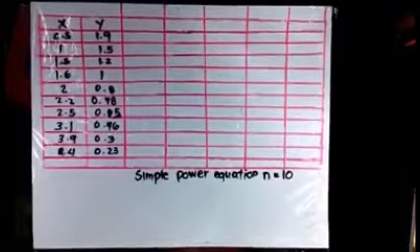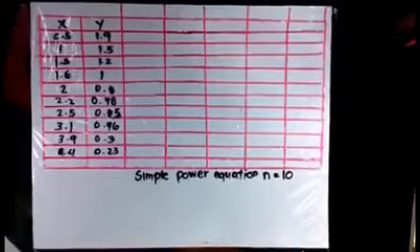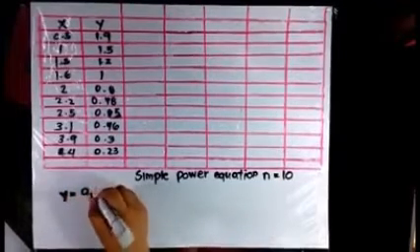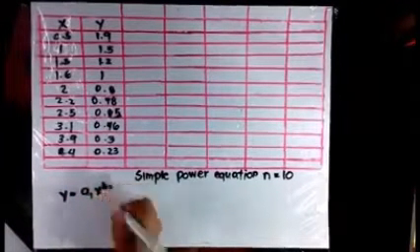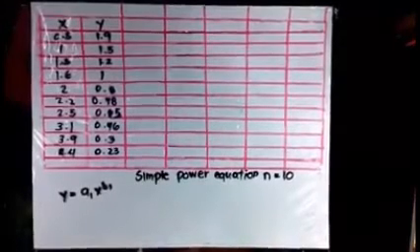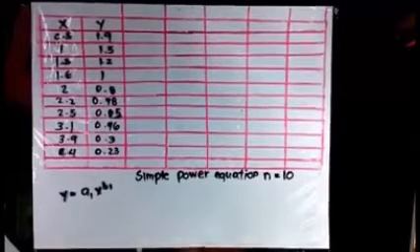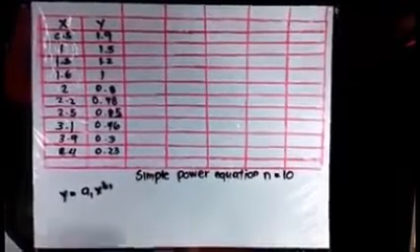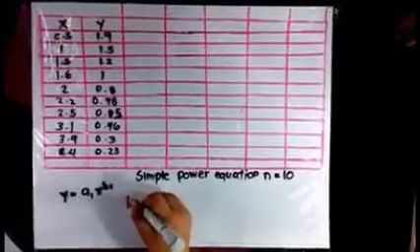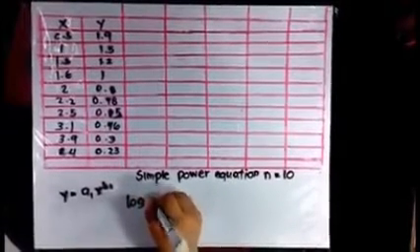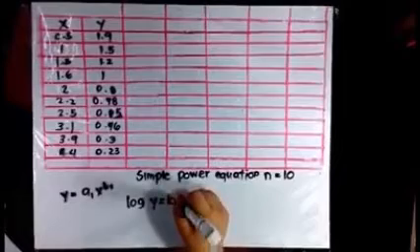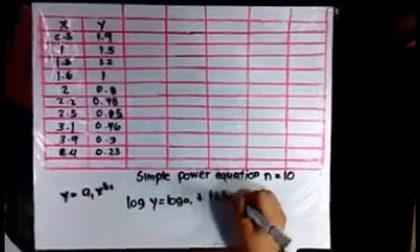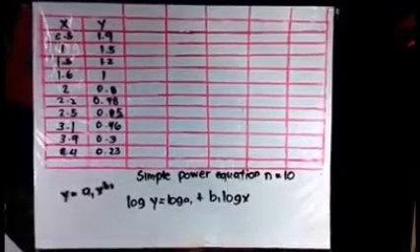The simple power equation has an equation of y is equal to a sub 1 times x raised to b sub 1. For linearization, we have an equation of log y is equal to log a sub 1 plus b sub 1 times log x.